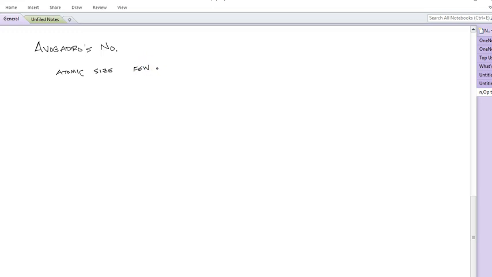And the angstrom, remember, is a special length unit that we like to use because it is on the order of atomic dimensions. I remind you that 1 angstrom is this special distance of 1 times 10 to the minus 10 meters. So an angstrom is 1/10 of a nanometer. So we know the atomic size is roughly a few angstroms.